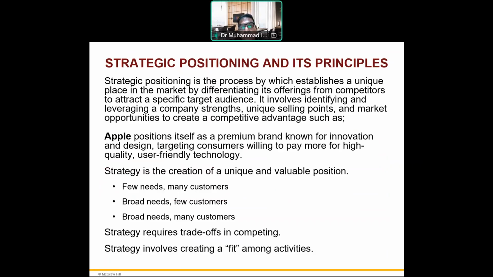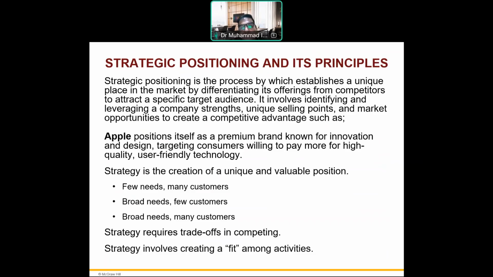They are searching for a unique place in the market to differentiate themselves from competitors. This is the main purpose and objective of strategic positioning. Further, it involves identifying and leveraging a company's strengths, unique selling points, and market opportunity to create a competitive advantage.